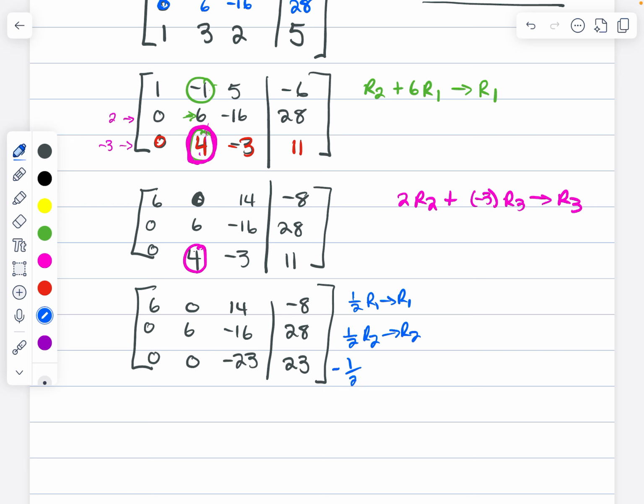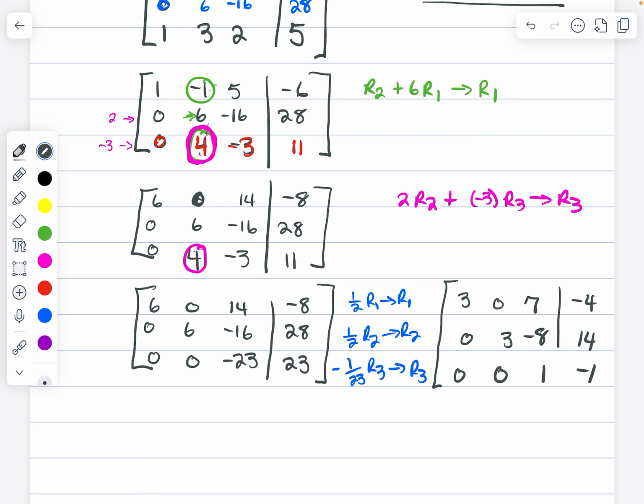And basically divide by negative 23 in row 3 and replace it in row 3. All right, and when we do that, we're left with 3, 0, 7, negative 4, 0, 3, negative 8, 14, 0, 0, 1, negative 1.